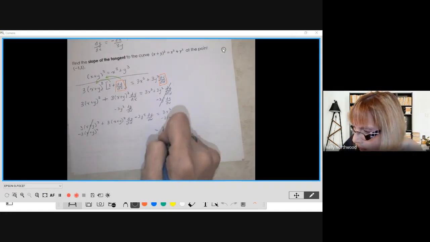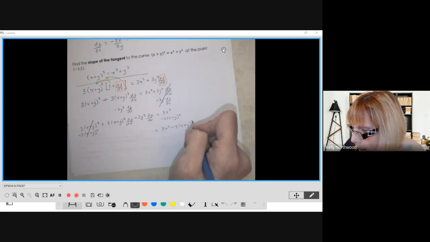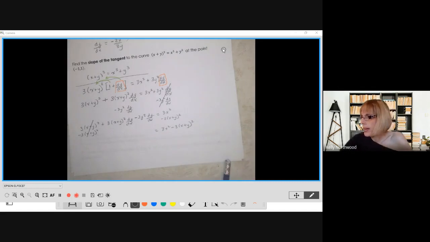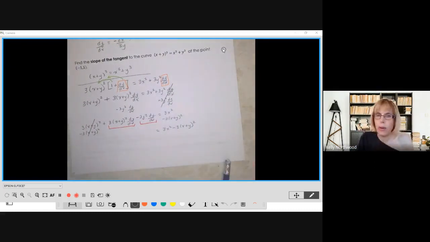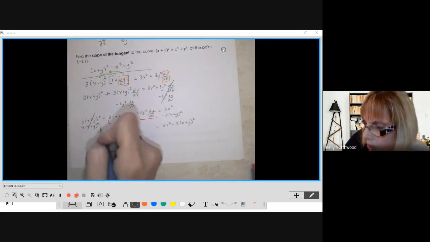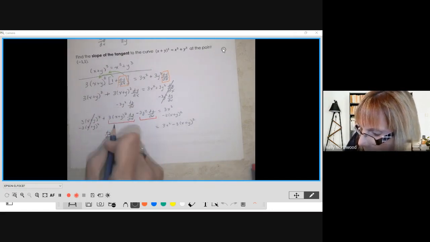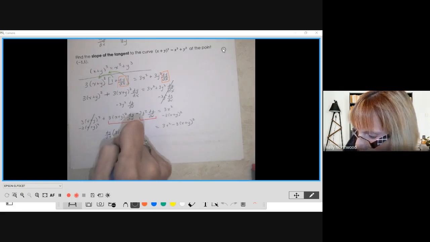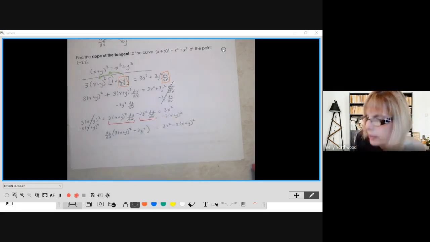So now on the right side, I've got 3x squared minus 3 times x plus y squared. And each chunk that I have on the left side has a dy by dx in it that I can common factor out. So I can common factor out dy by dx and get inside 3 times x plus y squared minus 3y squared.